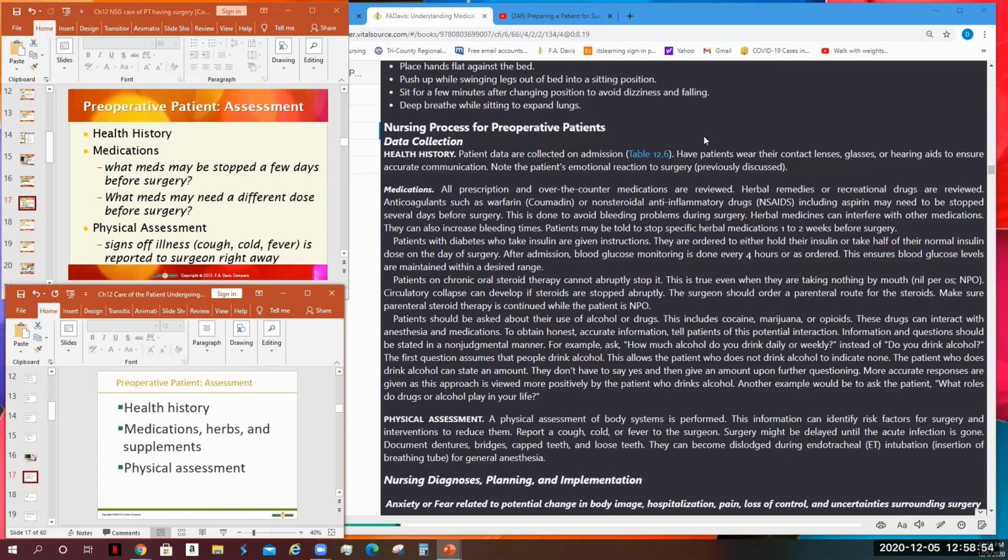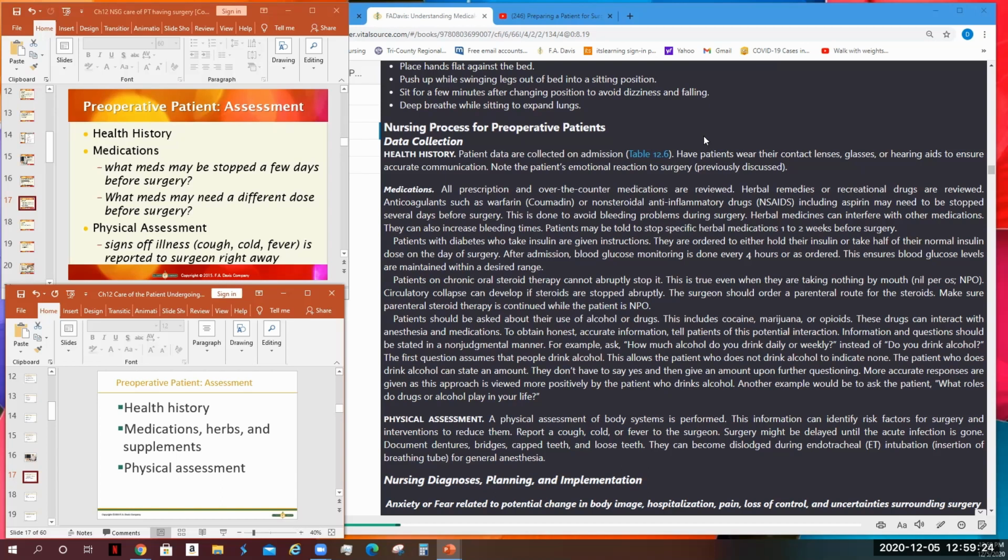Patients with diabetes who take insulin are given instructions. They are ordered to either hold their insulin or take half of their normal insulin dose on the day of surgery. After admission, blood glucose monitoring is done every 4 hours or as ordered. This ensures blood glucose levels are maintained within a desired range.